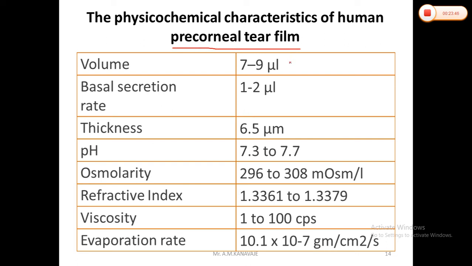Whenever we are formulating any formulation to be delivered into the eyes, we have to consider these factors, because they ultimately affect the bioavailability of that formulation on the ocular surface. The volume, the secretion rate, the pH, the osmolarity, the viscosity, and along with that the evaporation rate, determine the available volume or available drug content for ocular drug delivery.